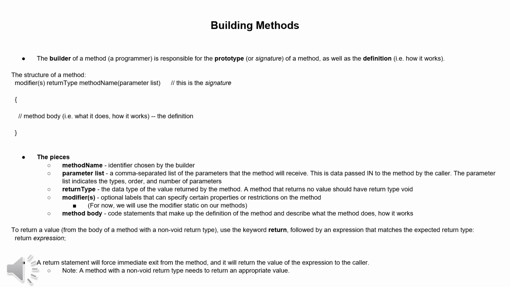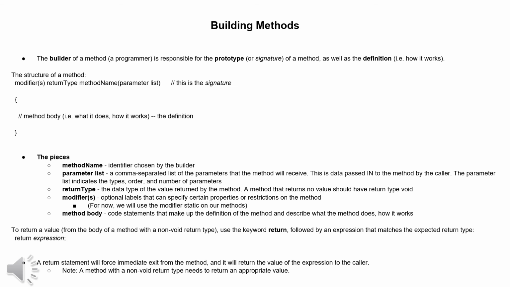So here we will use static as the modifier. Then we have return type. Return type is the type of the output that our method is going to return. So if our method is not going to return anything, the return type should be void. That's the point that you need to keep in mind.